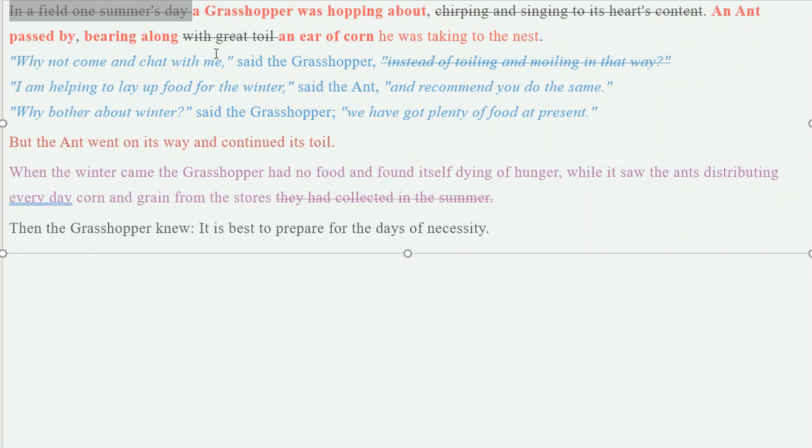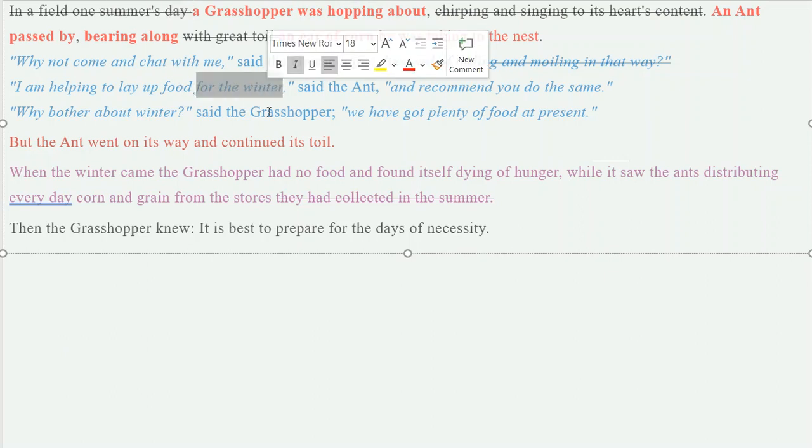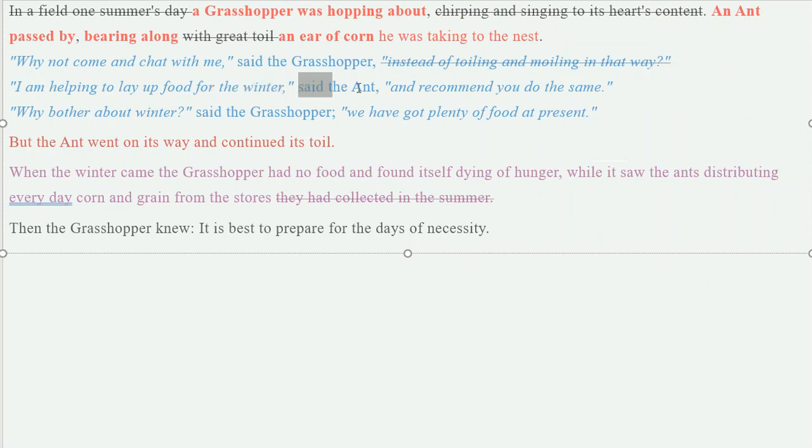Not until how many lines? 1 line, 2 line, 3 line, 4th line. So, oh my God, that means that the summer thing was important because it was contrasting with the winter, right? It was happening in summer and the ant is talking, I recommend you do the same because winter will be here soon.